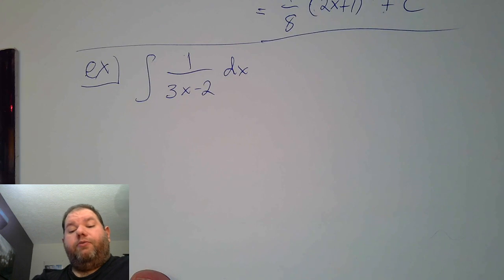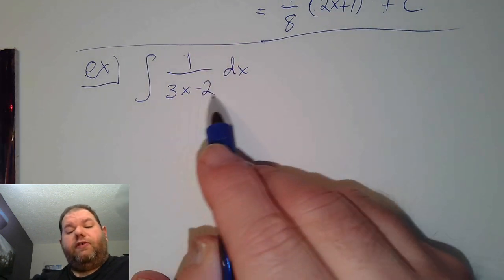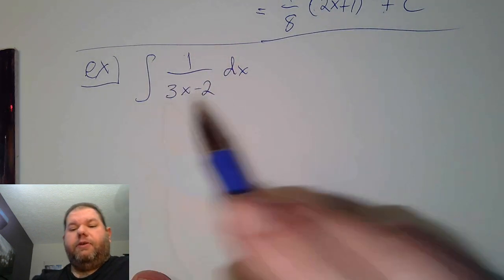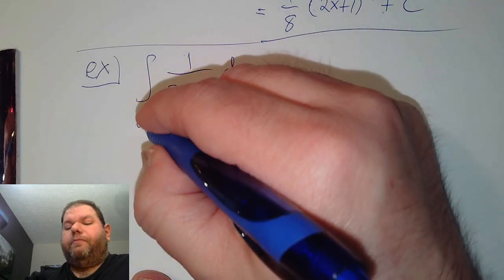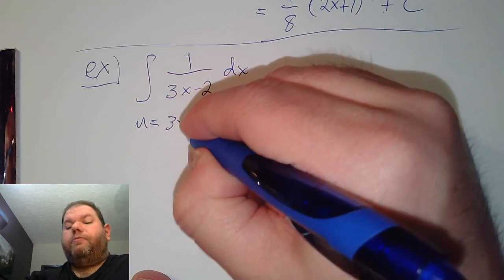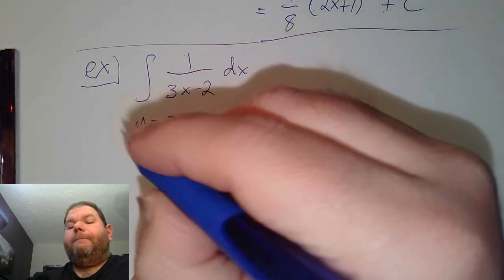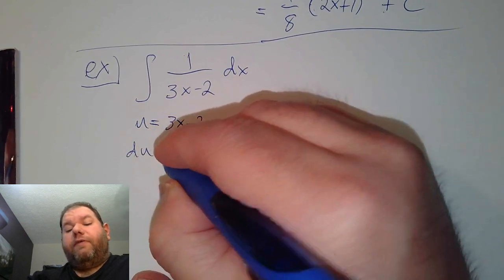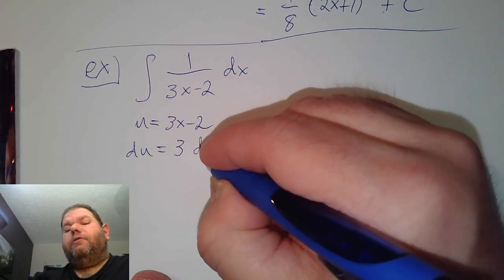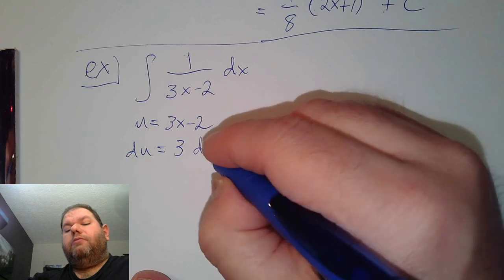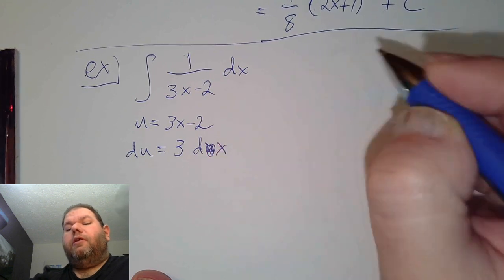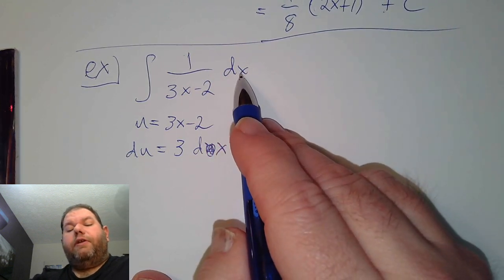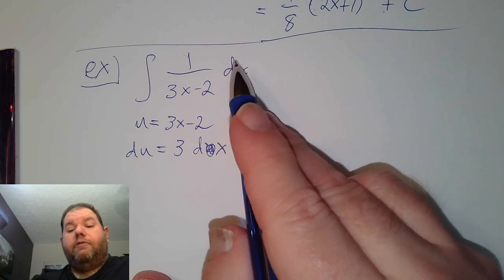Now, once again, we can change this expression on the bottom to be u. And then we have to take its derivative, which is 3. And again, we want to solve for dx to figure out what we have to substitute in here.